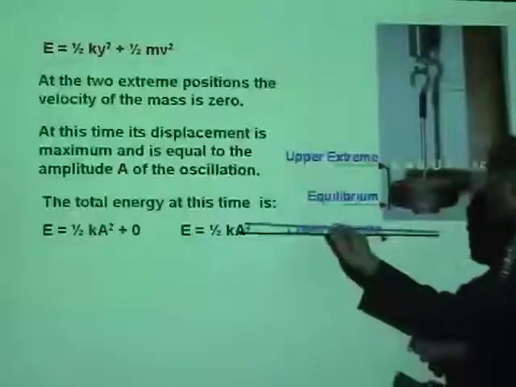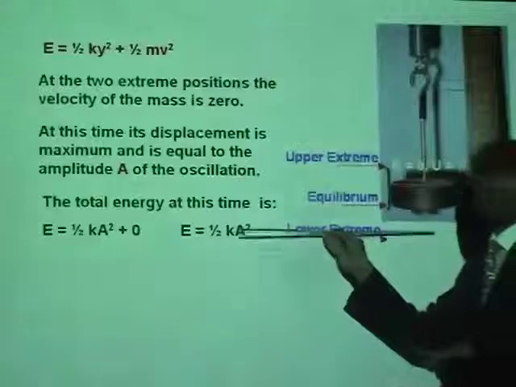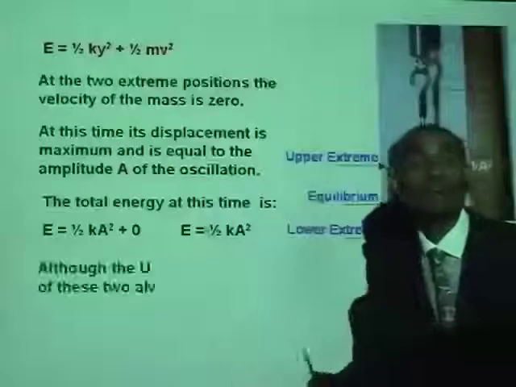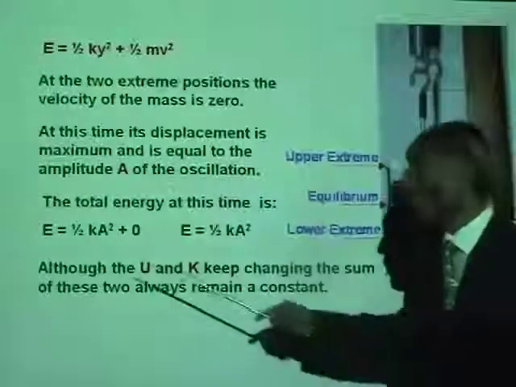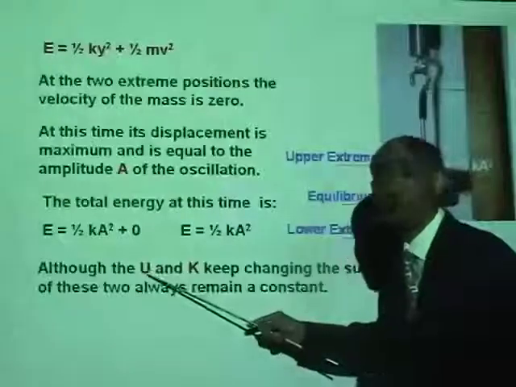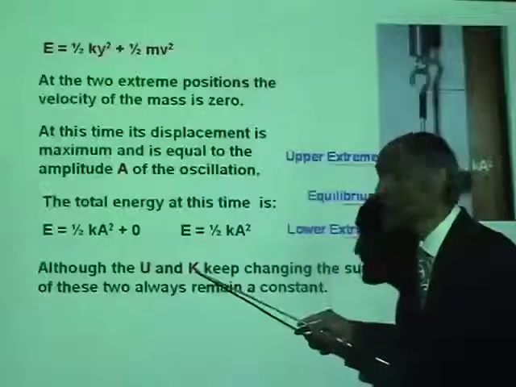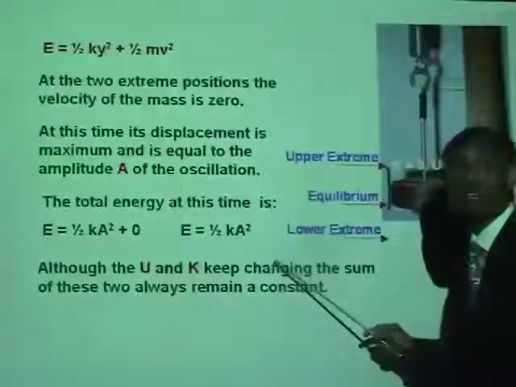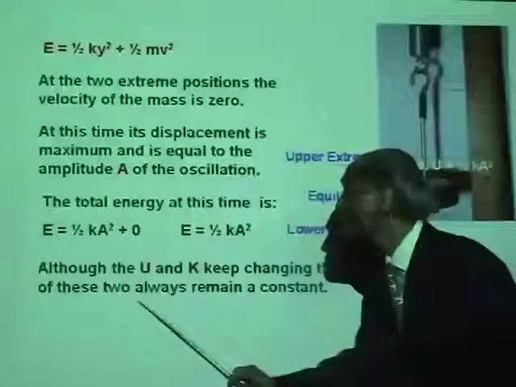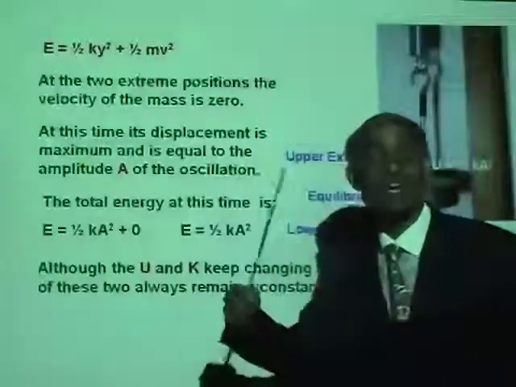How about the total energy at the lower extreme? It will also be 1/2 kA squared. Although the potential energy and kinetic energy keep changing, the sum of these two always remains a constant.